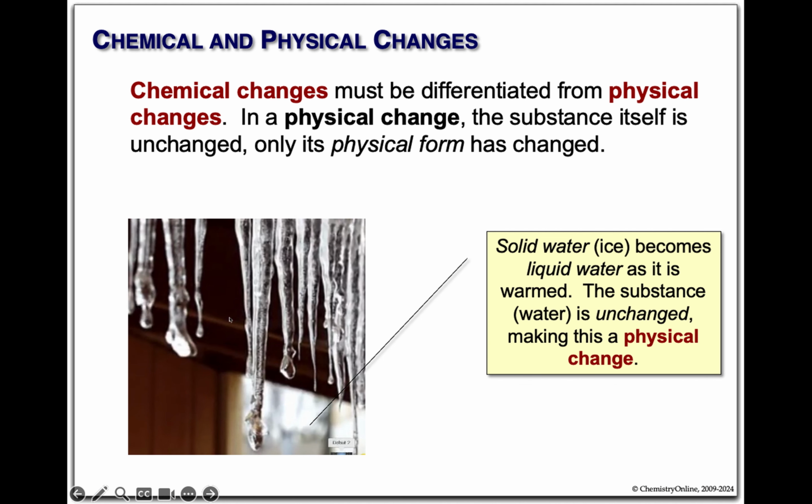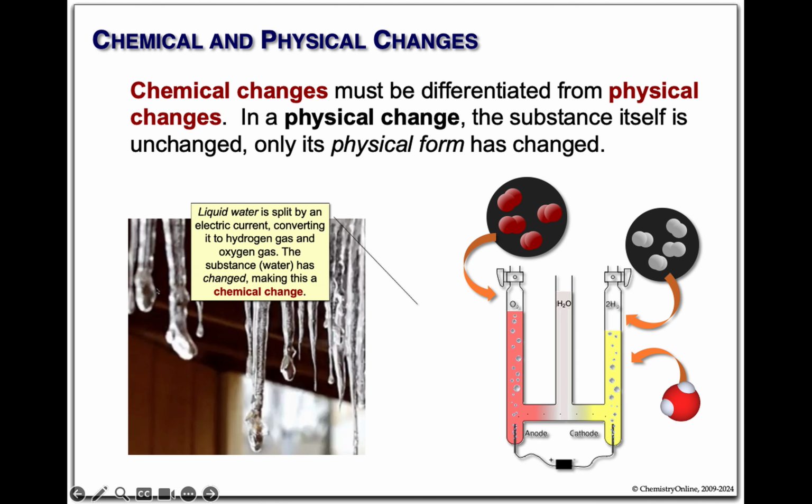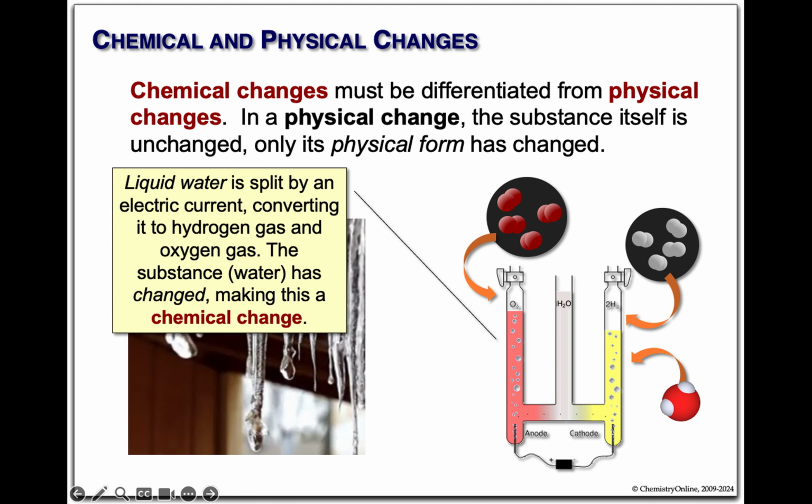But if we took water, we put it in an apparatus like this and passed an electric current through it, water is broken down into oxygen gas and hydrogen gas. Totally different than the water you started with. New substances. Chemical changes give new substances.